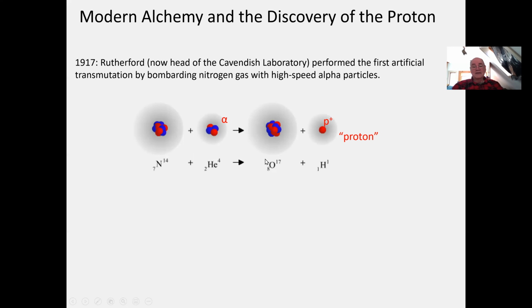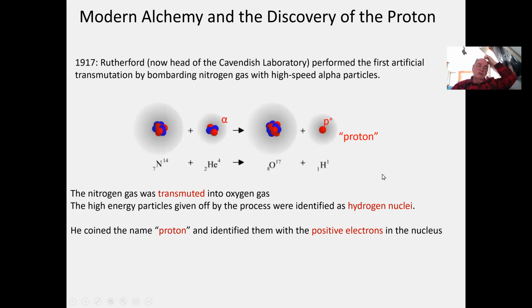And what's left after the oxygen is created is this high-speed particle which is being shot out, the one positive charge. And again, if you look at the masses, 14 plus 4 is 18, and 17 plus 1 is 18, and 7 plus 2 is 9, and 8 plus 1 is 9. Here we have a balanced nuclear equation.